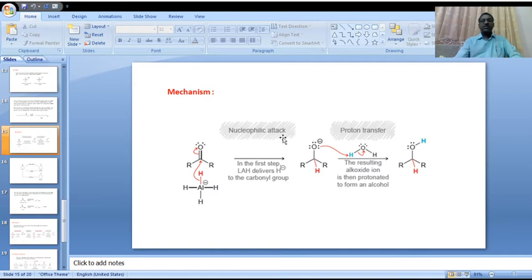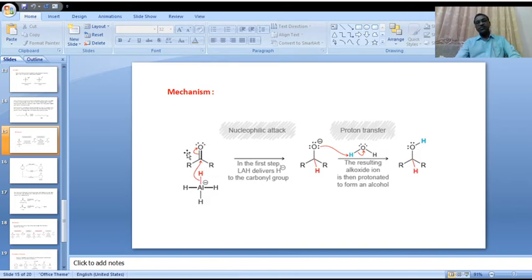Nucleophilic attack. Is it clear? In the first step, LAH delivers that particular H minus ion to the carbonyl group, attacking the carbonyl group.